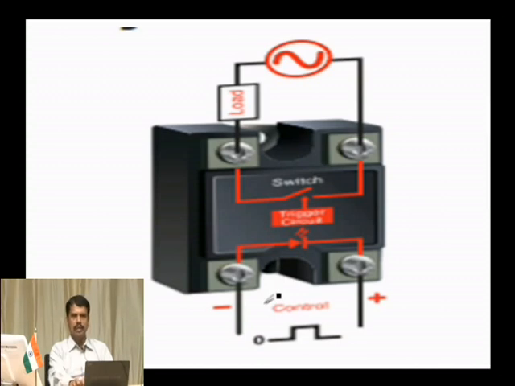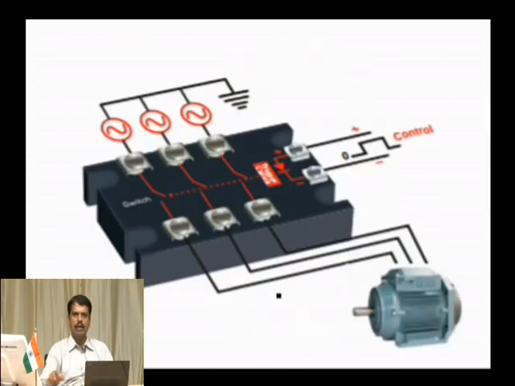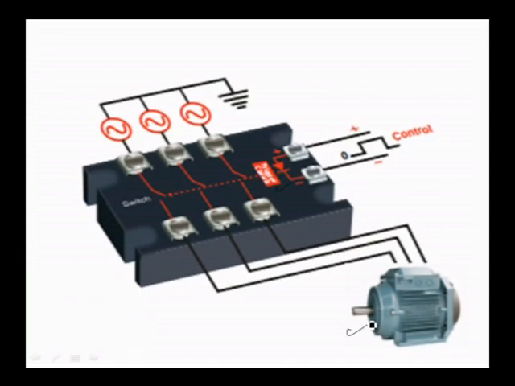In the next slide we see the application. Again there is a control signal, the same photocoupler, optocoupler. This is a switch, maybe controlled by any one of the things, and a motor here. So it easily describes the advantages of a solid state relay compared to electromagnetic relays.